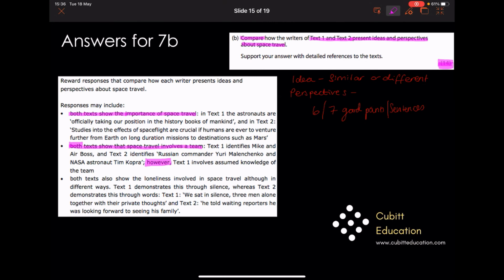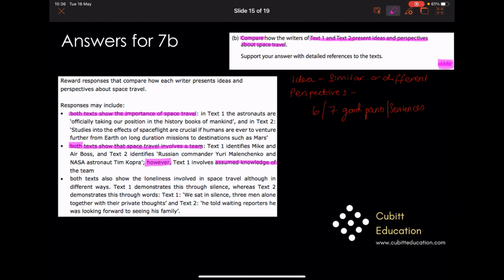I think it was kind of assumed within the text that there was a team. And obviously they discussed Airbus, and once they'd landed it wasn't just him, there was a team there, everybody was okay. So they didn't talk about who the team was or anything like that. So they've just mentioned that there, assumed knowledge of the team. Okay.